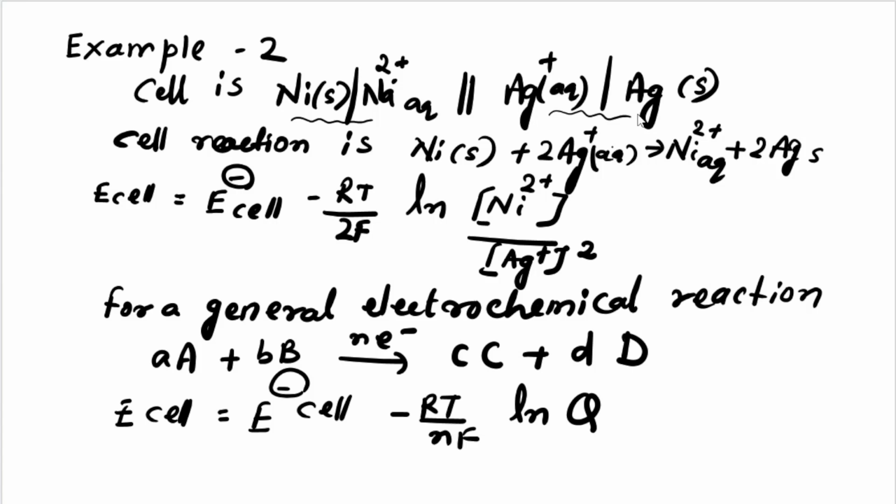Why is it squared? Because in the overall reaction, Ag+1 is multiplied by 2. That means this part, Ni+2 concentration divided by Ag+1 concentration squared, is called Q, the reaction quotient at that instant.